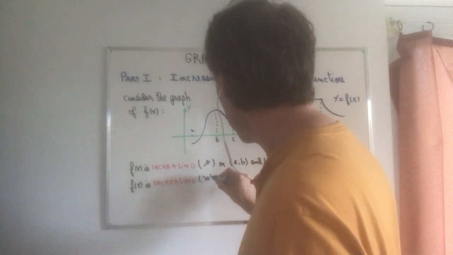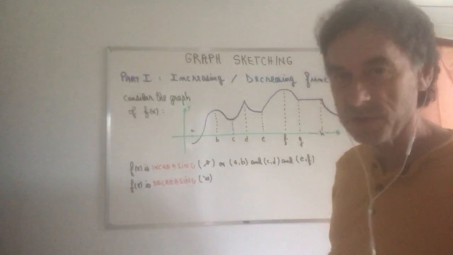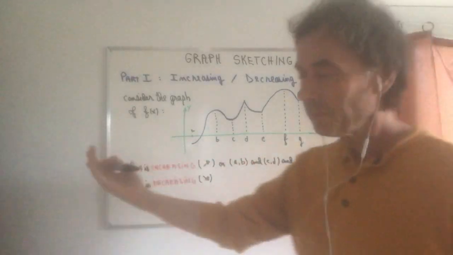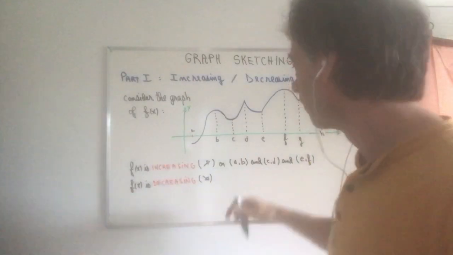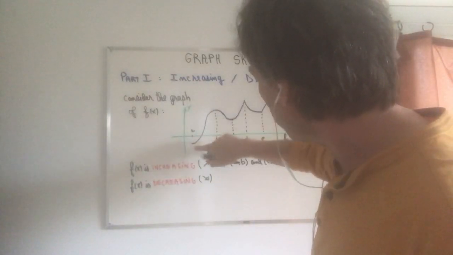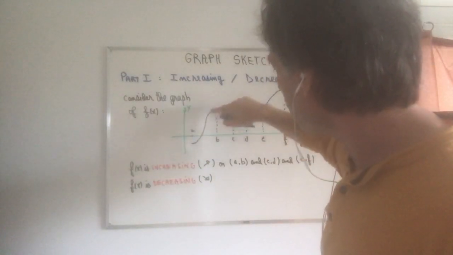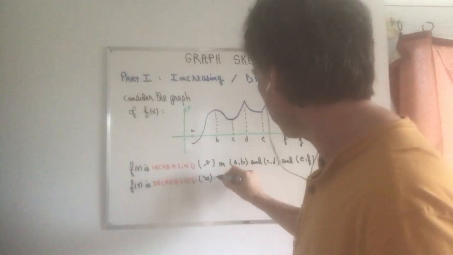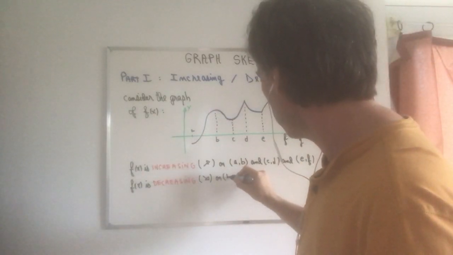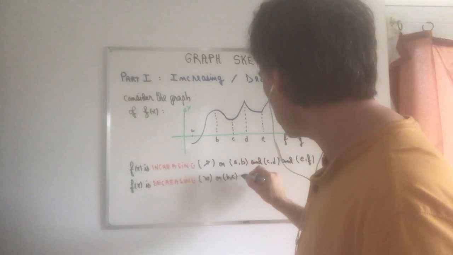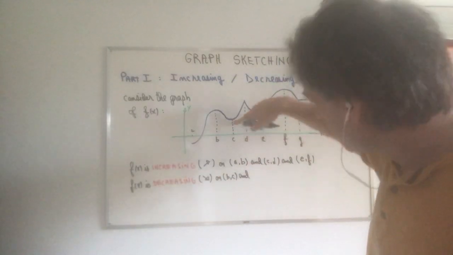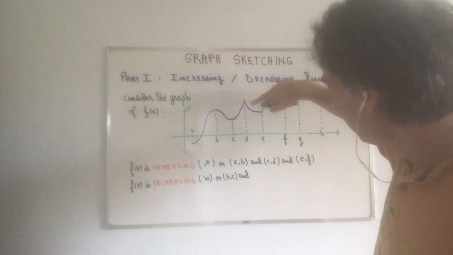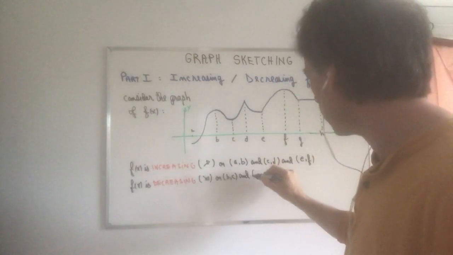Decreasing means as I move again from left to right, the graph goes down. So we saw that from A to B the graph goes up, and then it goes down from B to C. Where else? Then from C to D it goes up, but from D to E it goes down.